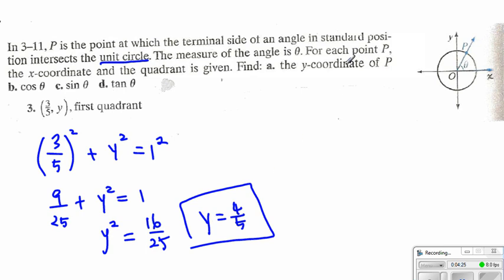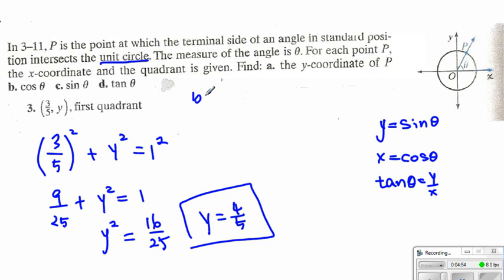Now, that's how we figure out the y coordinate. On the unit circle, y is in fact equal to the sine of an angle, and x will be the cosine of the angle. Tangent of an angle is y over x.